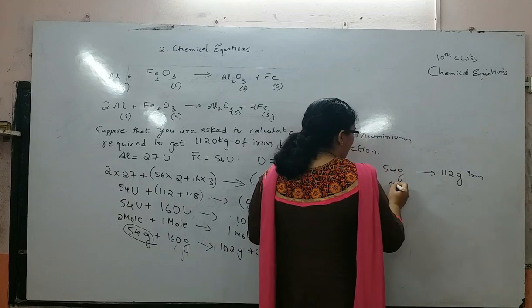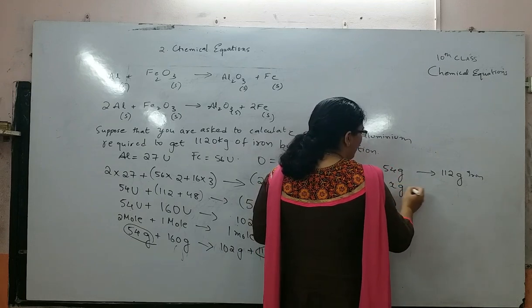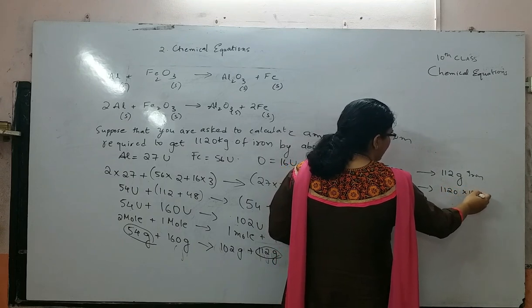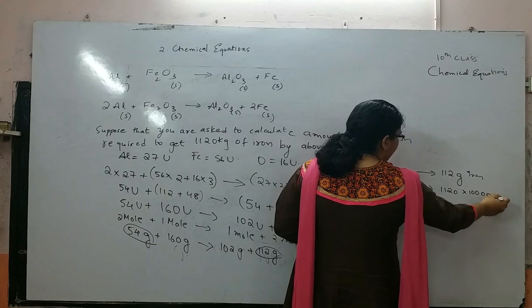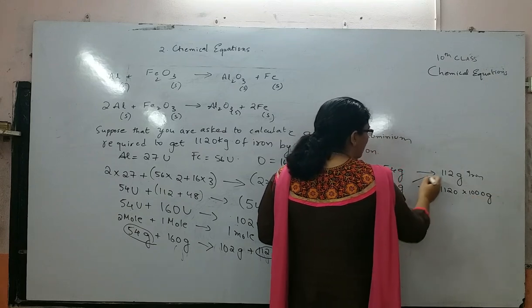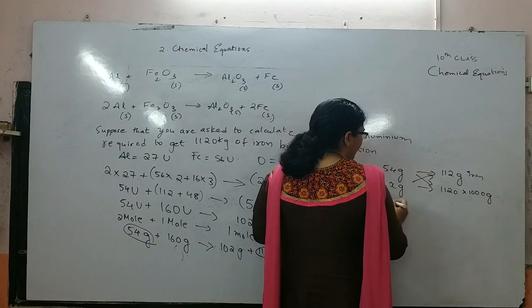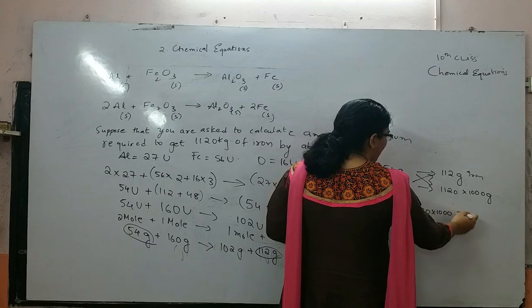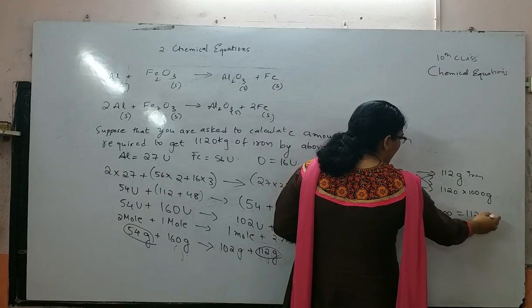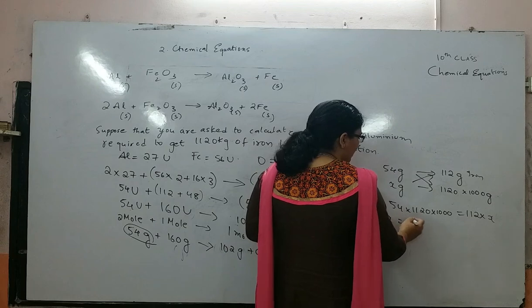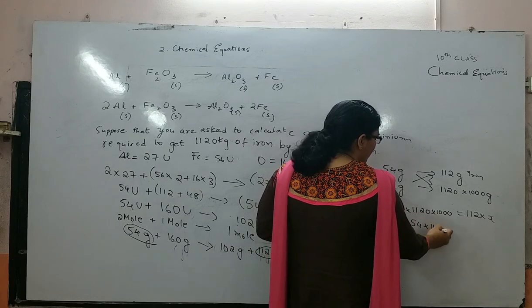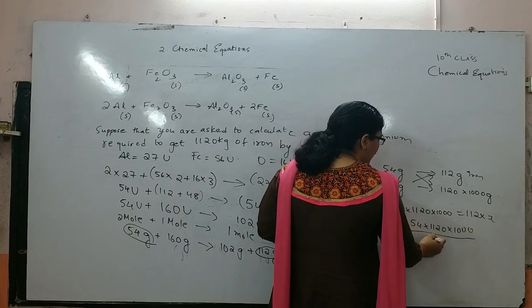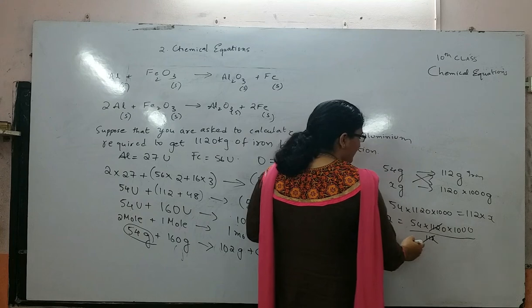Now you want the amount of aluminium required for 1120 kgs, that is 1120 into 1000 grams. Okay, let us cross multiply. 54 into 1120 into 1000 equals 112 into x. X is equal to 54 into 1120 into 1000 by 112. 112 gets cancelled.